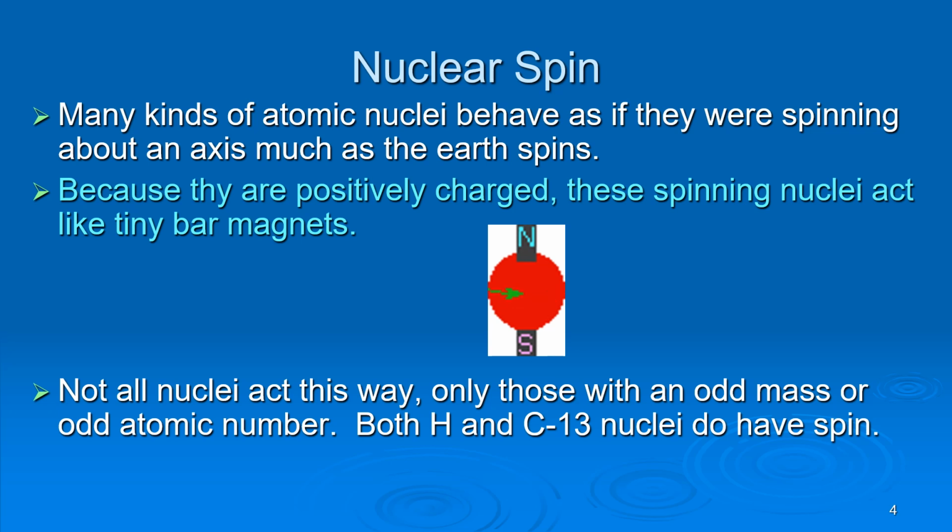And interestingly enough, not all nuclei act this way, but only those with odd mass numbers will do that. And so hydrogen obviously has an odd mass number because it's 1. Carbon-12 does not, but there is an isotope carbon-13, so carbon-13 nuclei also has a spin. Oxygen does not, nitrogen does not. So carbon and hydrogen, hydrogen being the main one that we're going to look at.